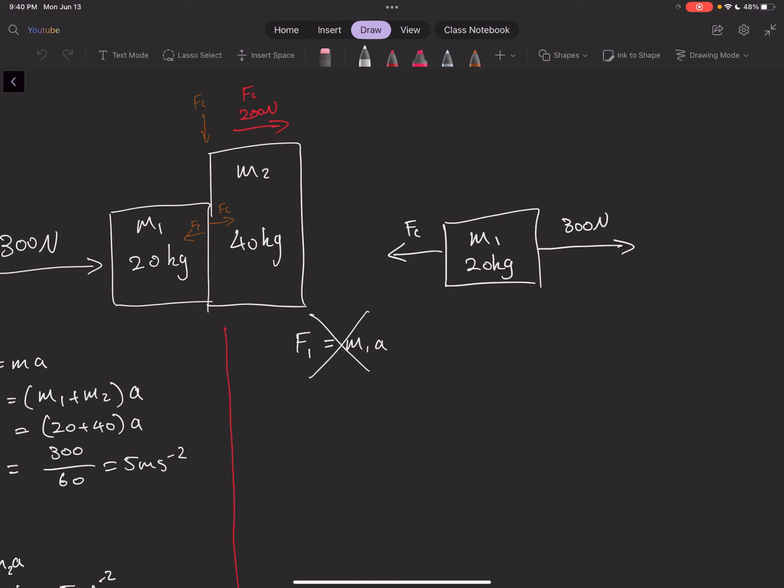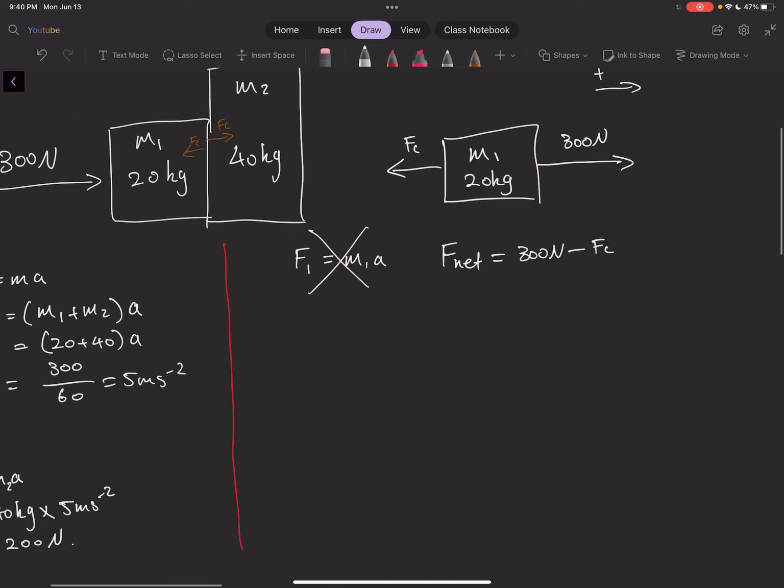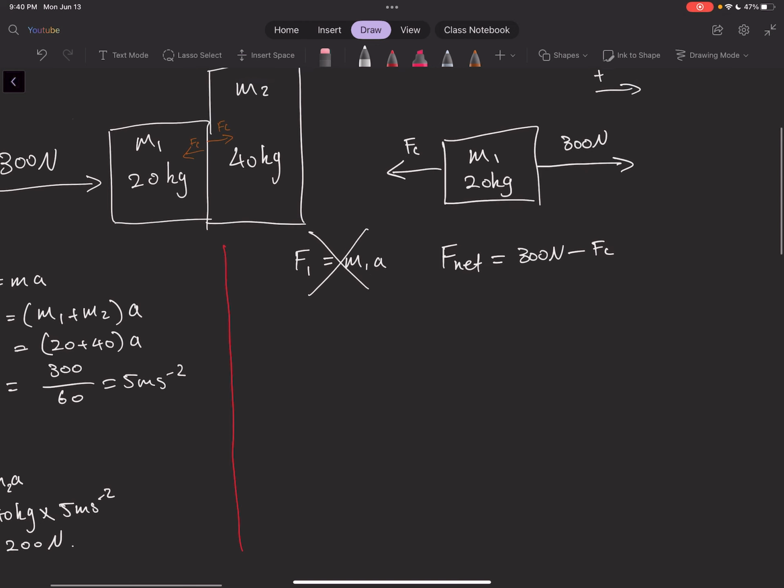It's pushing back. So the net force for this free body diagram is actually 300 newtons minus the contact force. If we define this direction as the positive direction, then 300 newtons minus the contact force is what we should be using. So, great.